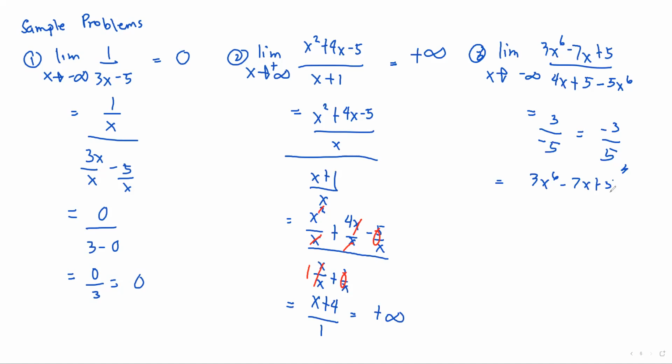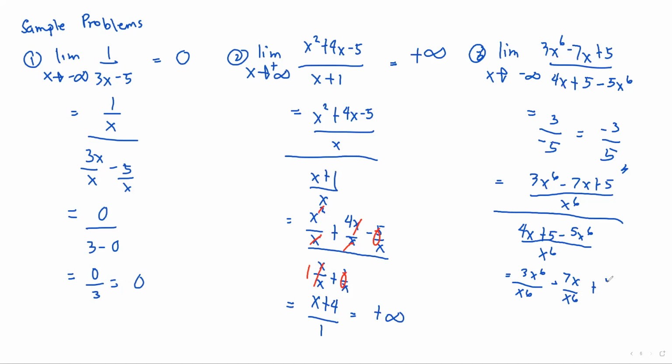Minus 7x plus 5 all over x raised to 6, all over 4x plus 5 minus 5x raised to 6 over x raised to 6.